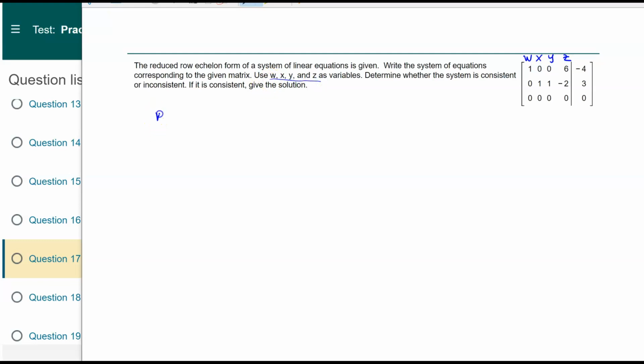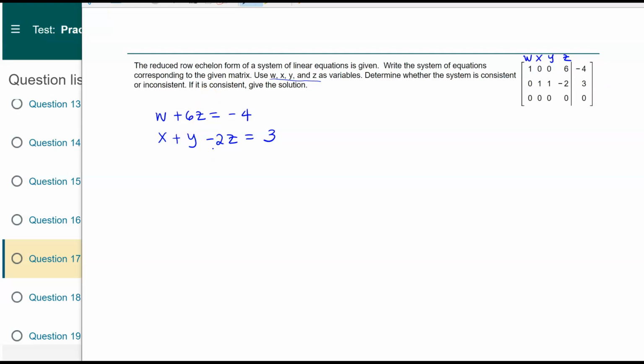So you have 1w, 0x, 0y plus 6z is equal to -4. Here you have 0w, x plus y minus 2z is equal to 3. Here you just have 0, 0. So we have the two equations here.